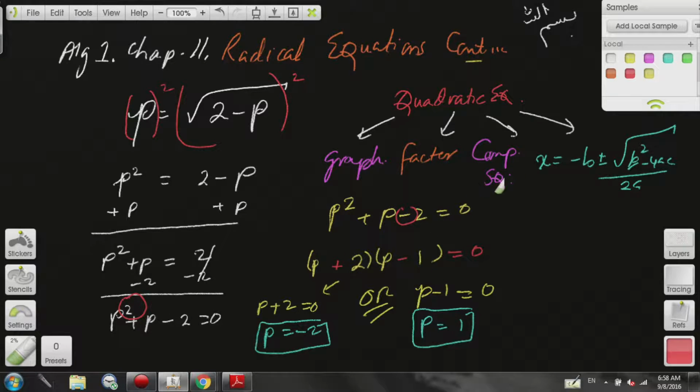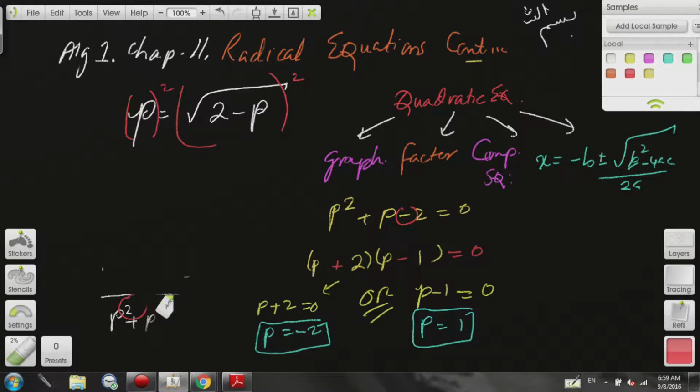You always have to check these, and I'll tell you why some of them might not work in just a second. I'm going to erase my work because I need a little bit of room. I'm going to substitute both of these in the original equation to see which one works and which one does not work, or maybe both of them work.